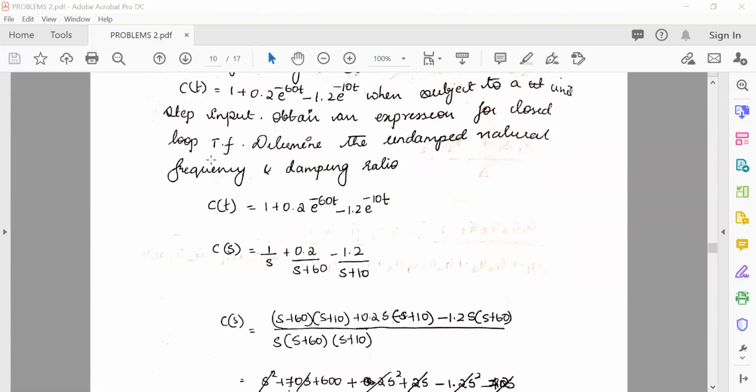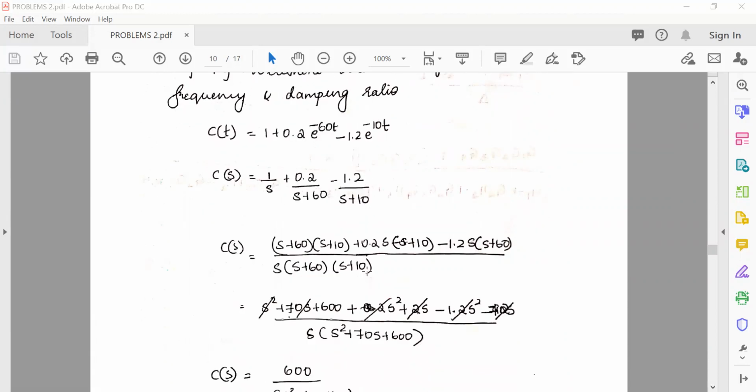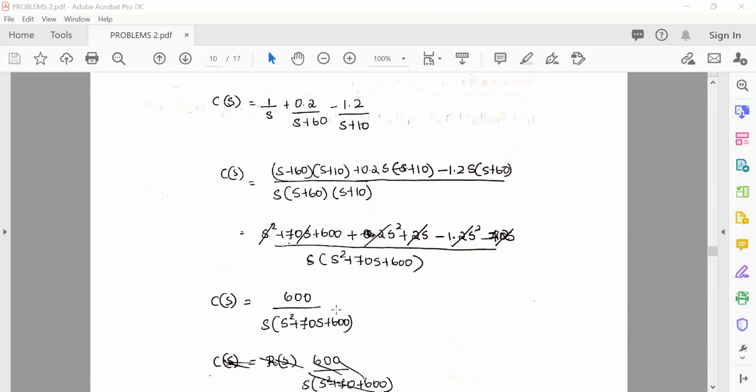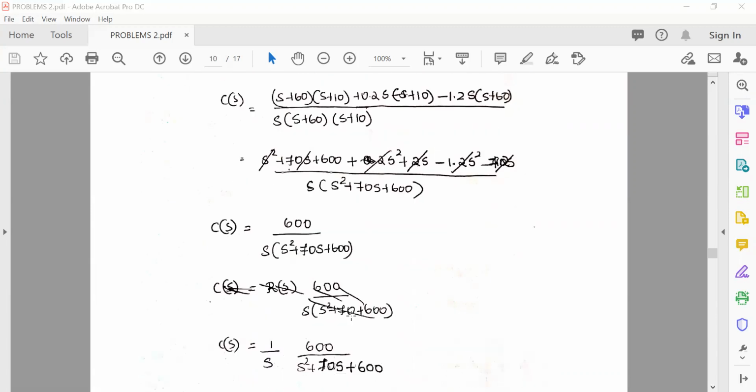The output C of t is this expression. Take the Laplace of this. e power minus 60t gives s plus 60, and this gives s plus 10. Then you take out the common factor and reduce it, and you get 600 over s square plus 70s plus 600.